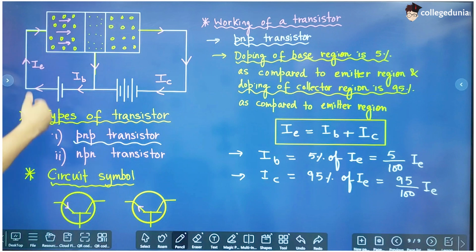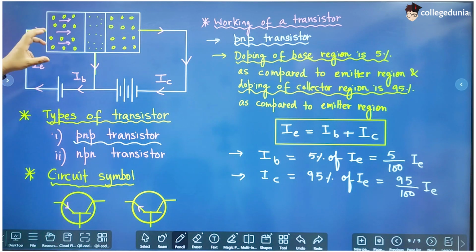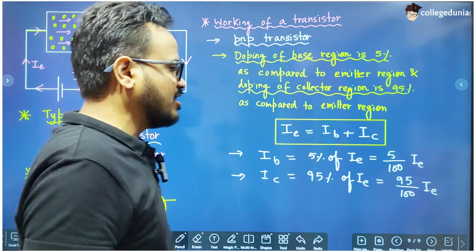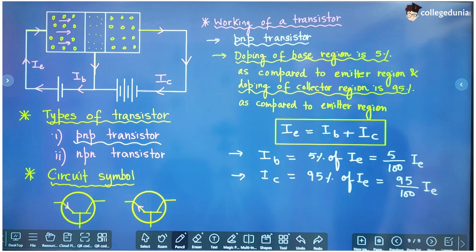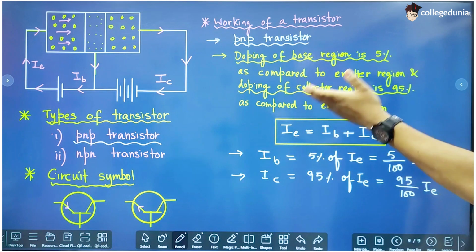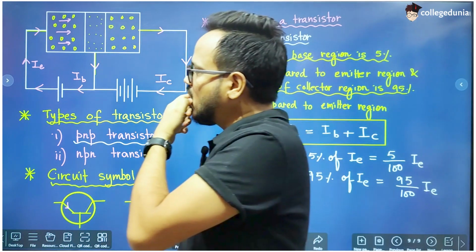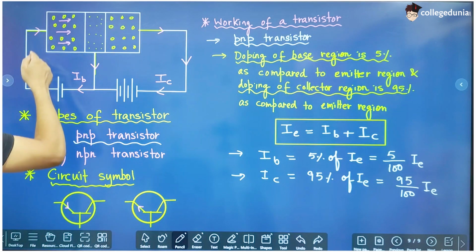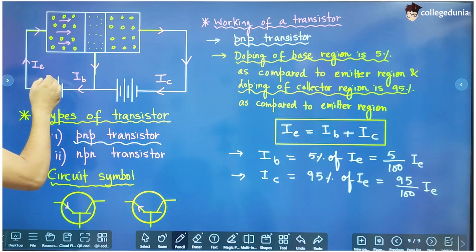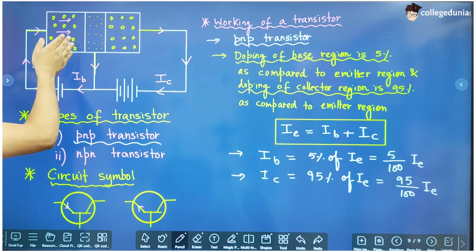But if this region was reverse biased, then the working of the transistor would not have started, because there would be no repulsion between the positive terminal and the holes of the emitter region, because then it is connected to the negative terminal, and the negative terminal is not going to repel these holes.